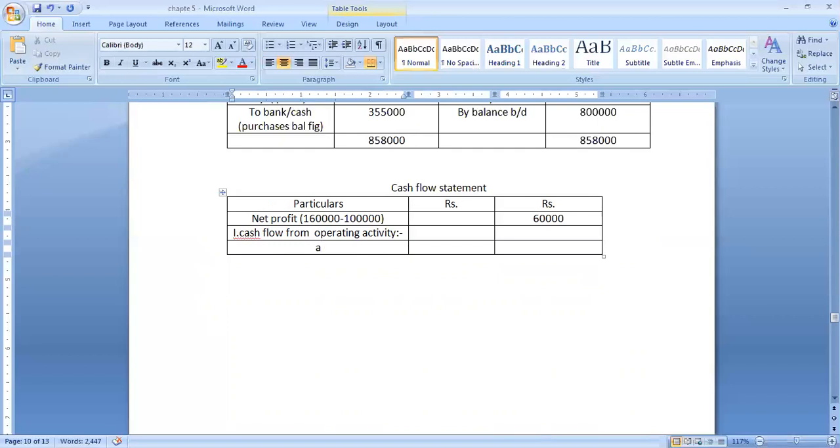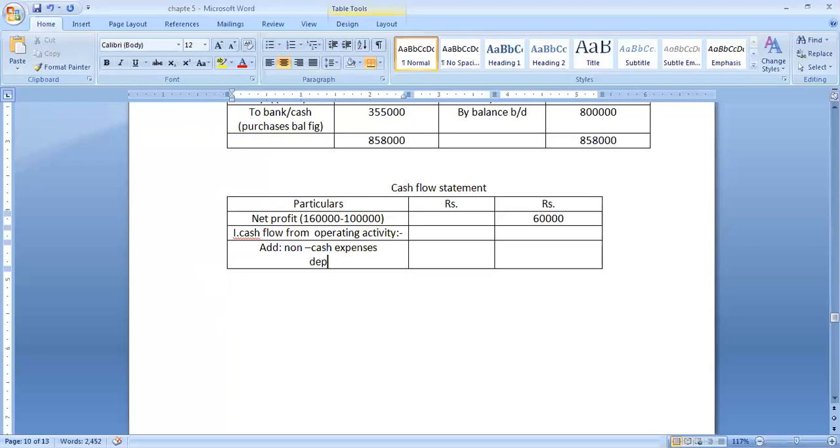So add non-cash expenses. Okay. So which are the non-cash expenses?